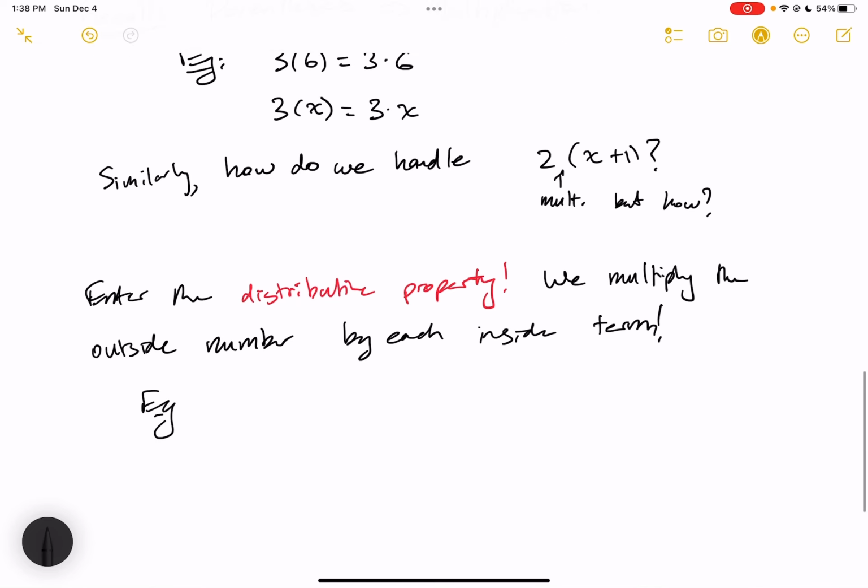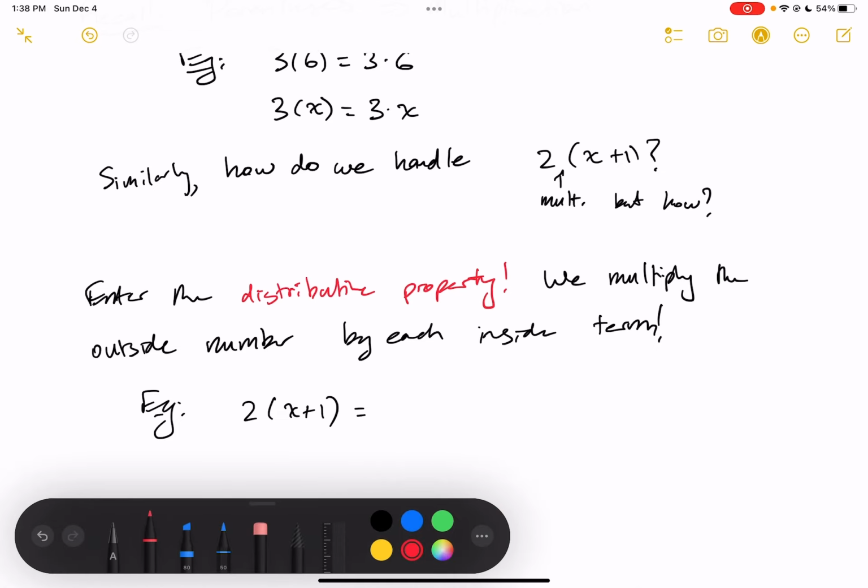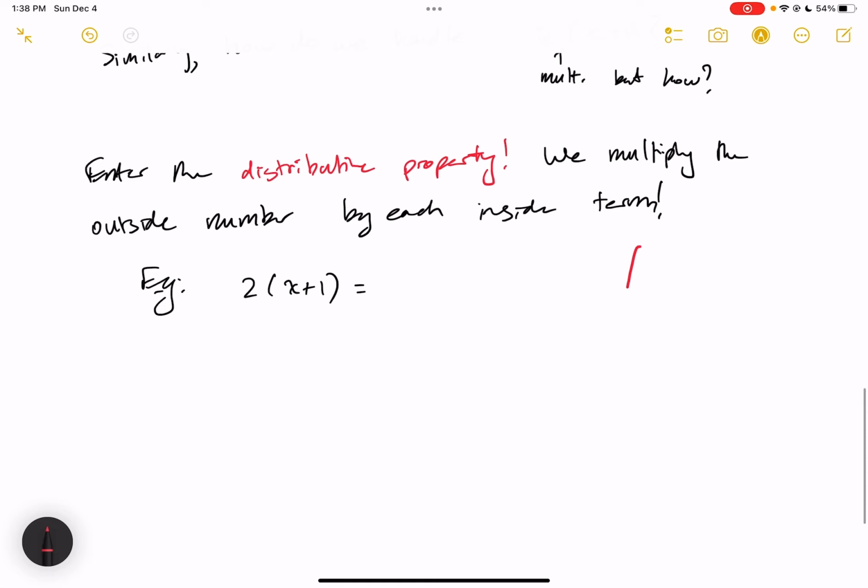So for example, let's take that 2 into x plus 1 example that we mentioned before. The way this works is that the 2 as our outside number, whoops, sorry, bled on the screen a sec. This 2 right here is the outside number, while x and 1 are the inside terms. What we're going to do is multiply 2 by each of those terms.